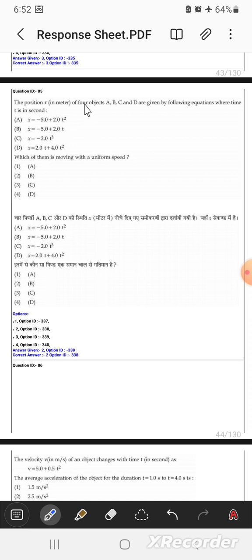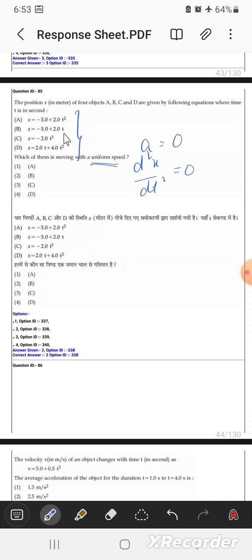So the concept is uniform speed. When uniform speed comes into the picture, that means the acceleration will be 0. If the acceleration is 0, that means d2x by dt2 will also be 0. That means among the 4 equations we have to choose the one which becomes 0 after the second order derivative.